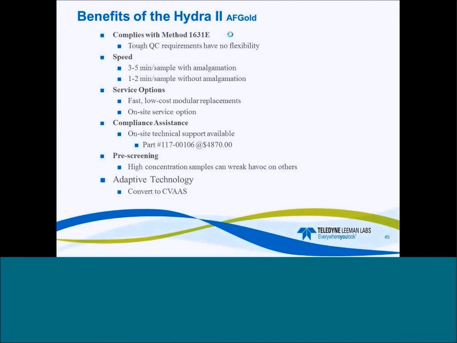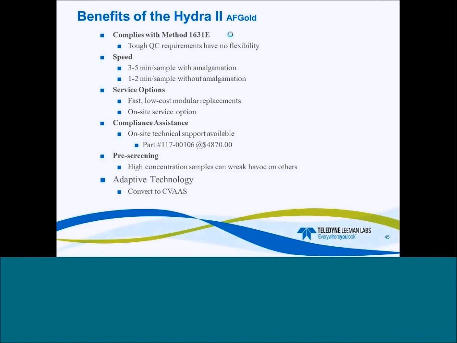One thing that I should mention is that the AF Gold, the way we do our analysis, is somewhat different in that we allow pre-screening of the samples. By pre-screening, we actually uptake a very small portion of the sample and pass it through the system, but bypass the gold trap.